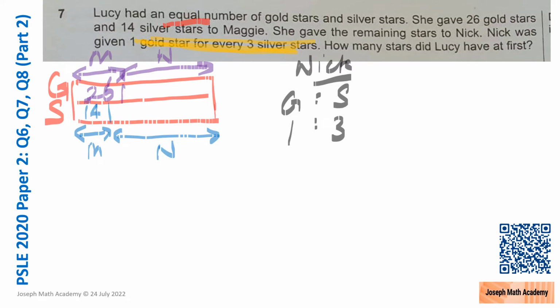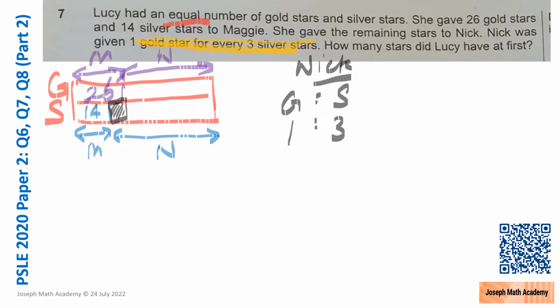Now let's go back to the model again. We know about Maggie's case: Maggie has 26 gold stars from Lucy and 14 silver stars from Lucy. That means Nick has fewer gold stars from Lucy than silver stars. There is a difference here that I've shaded in black.